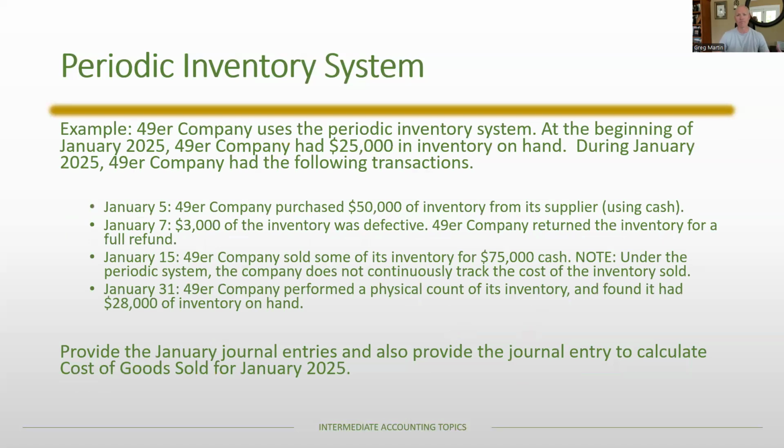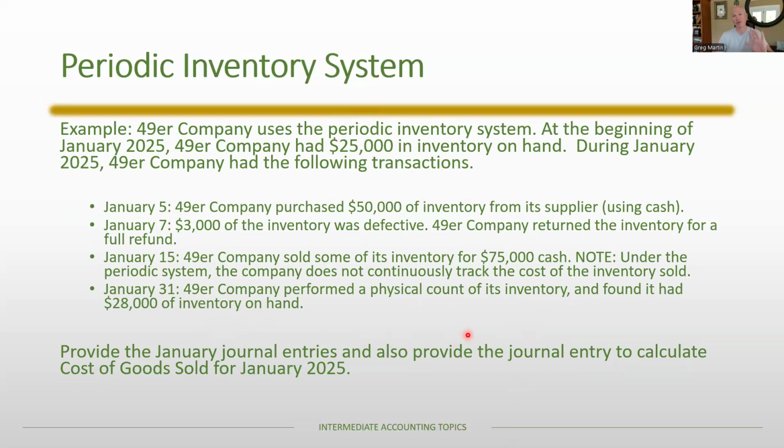All right, so four new transactions. There was $25,000 in inventory on hand at the beginning of the period, or the beginning of January. We have these three transactions, and then we do another physical count at the end. And from there, we're going to do all of our journal entries using the periodic inventory system.